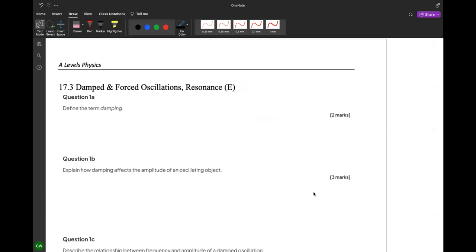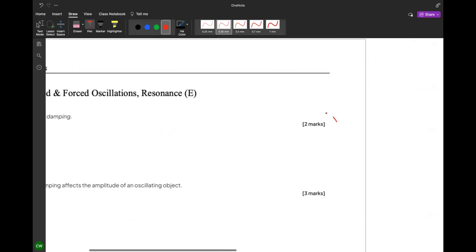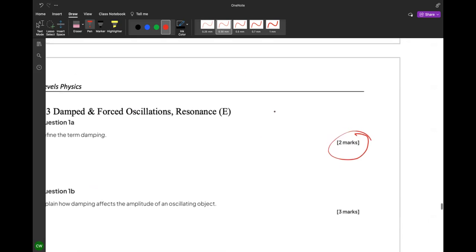Okay, damping. What is damping? How do we define damping? Damping means there is a loss of energy. Okay, 2 marks. What is the thing you need to tell? From the graph, it means this.